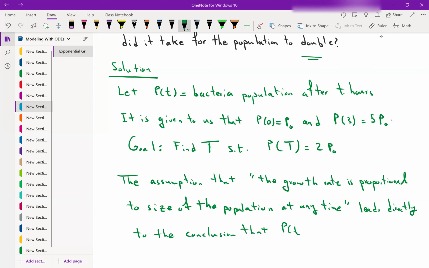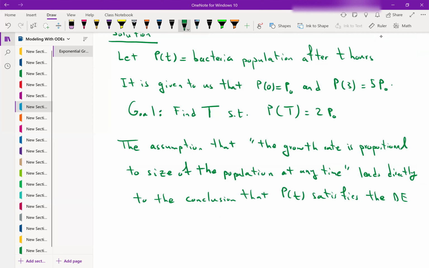P of t satisfies the differential equation dP/dt equals some constant, our constant of proportionality, which I'm going to call k, times P. And P here is a function of t. dP/dt is equal to k times P of t.